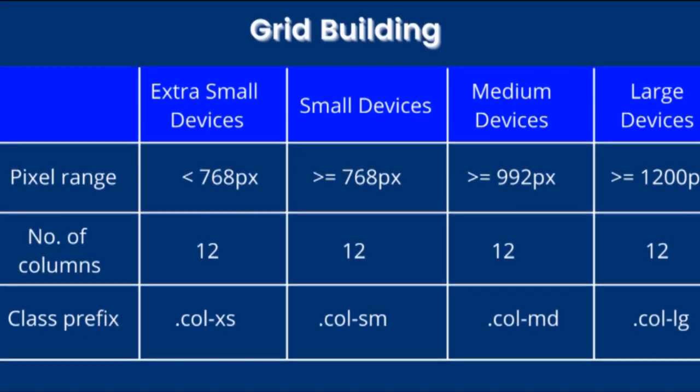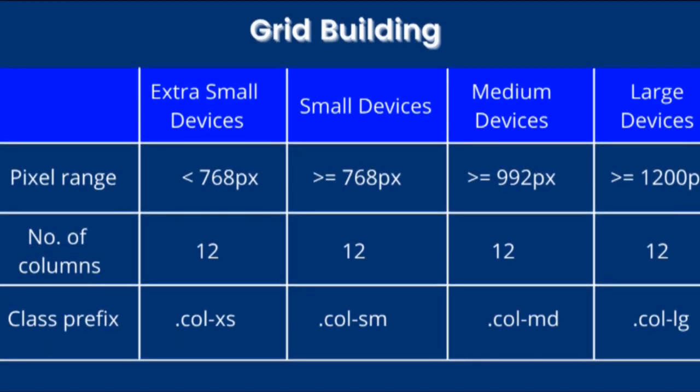So I cannot show you the large devices because the pixel number will be way more. If the number of pixels is less than 768, then it will be maybe a mobile device. Extra small devices means mobile devices, maybe a 5 or 5.5-inch mobile screen. The number of columns will be 12 for all screen sizes, as I said.